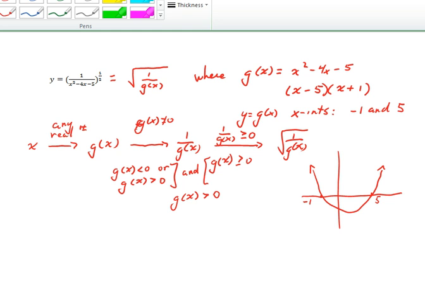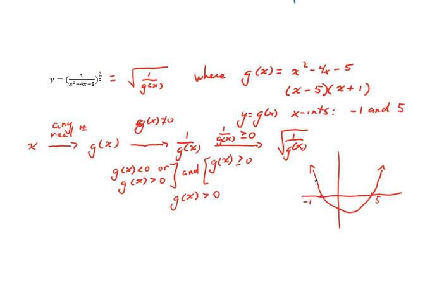And we notice that to be strictly greater than 0, x will have to be less than -1 or greater than 5.